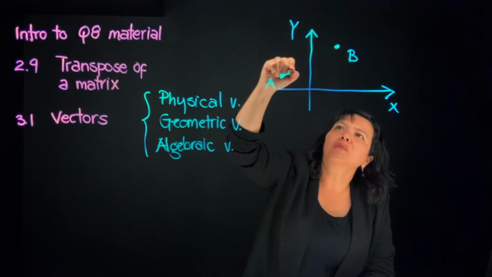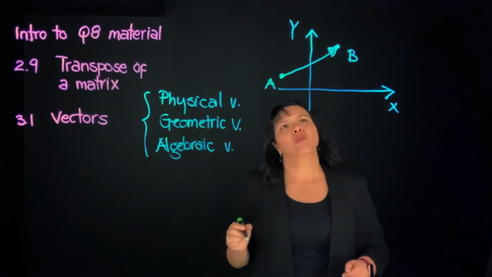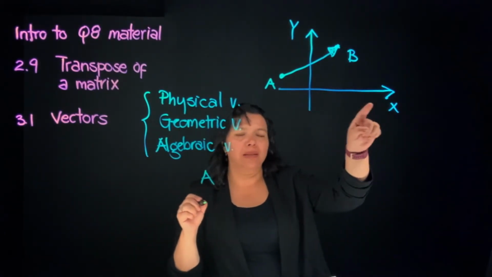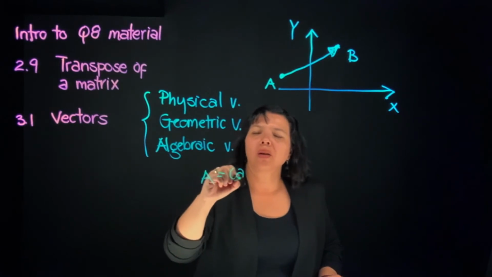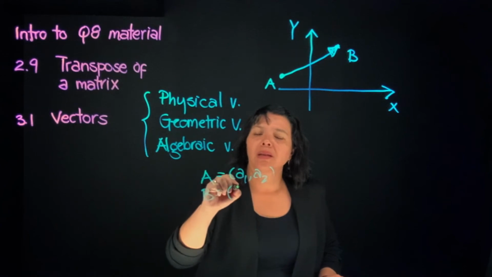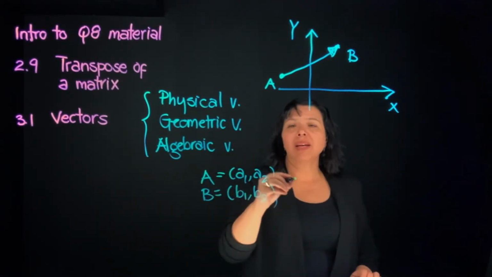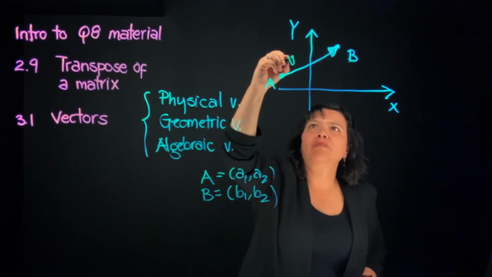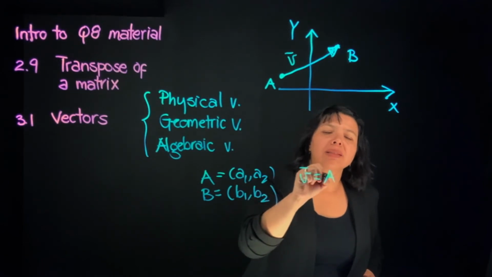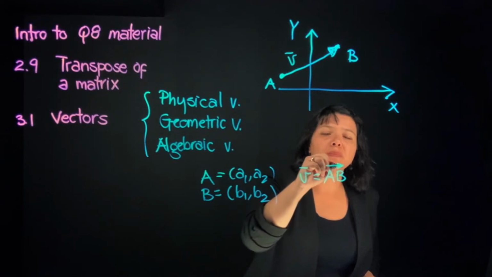If A has coordinates in R2, say A1, A2, and B has coordinates B1, B2, then this vector V is represented as the vector that starts in A and ends in B. Some people just put a bar, some people put an arrow.